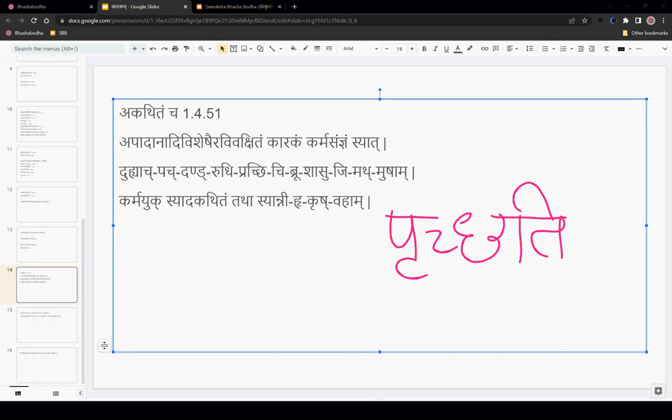Karya means some work. So here also, "balakah prashnam prichchhati": the boy is questioning the question. But he can also ask something like "balakah margam prichchhati." "Prayanikah margam prichchhati." That is another example.